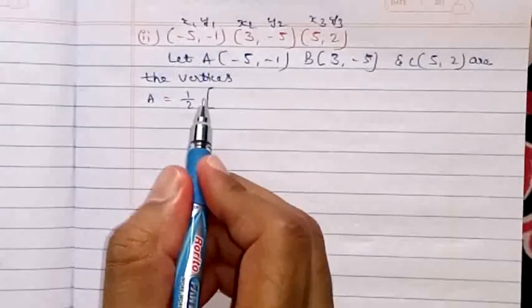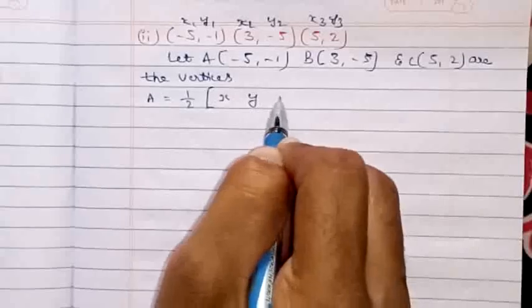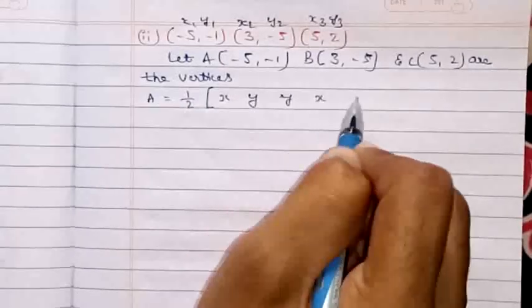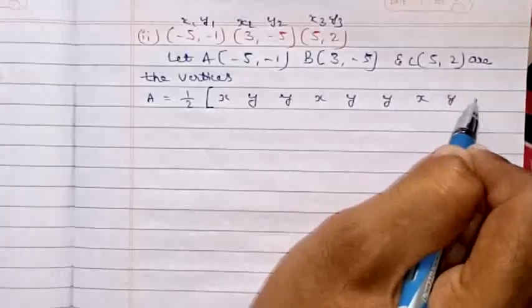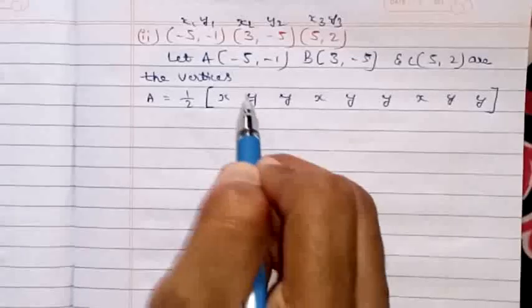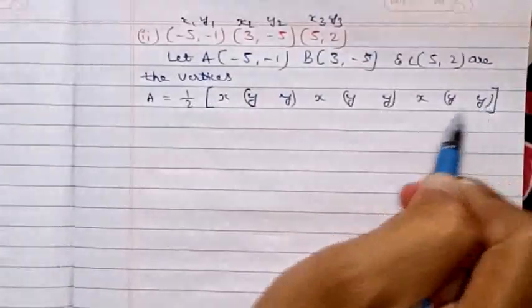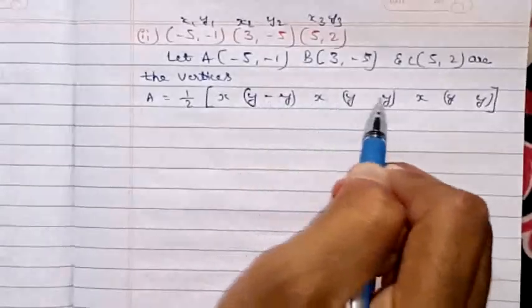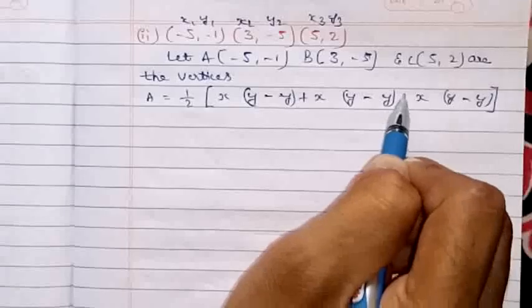Now I have said how to remember: just write down x y y, x y y, and x y y. Clear, children? And afterwards write down the brackets for y, and here write minus, minus, minus, and write down here plus, and here also plus.